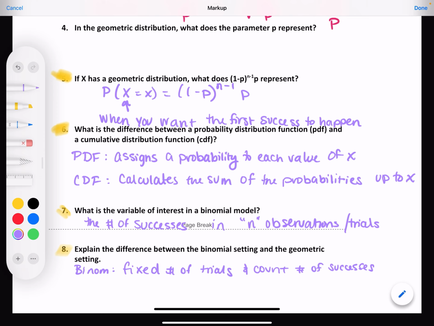And then for geometric, we're looking for how many trials are needed to obtain the first success.